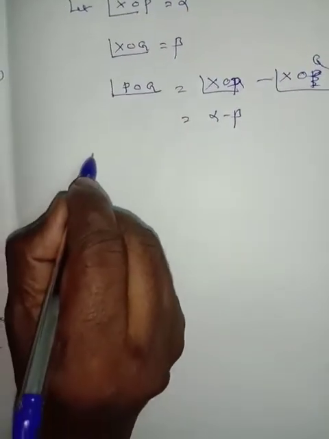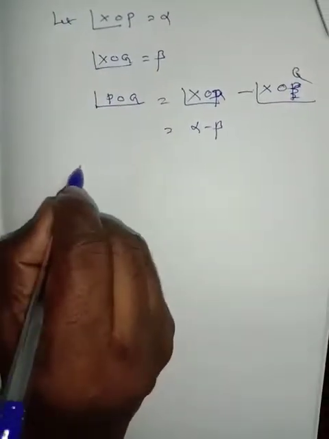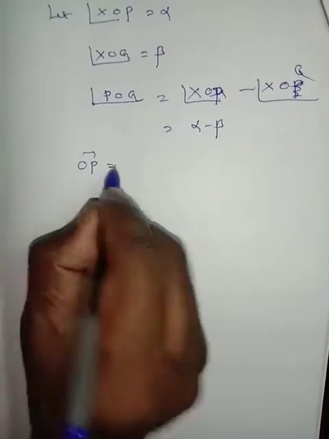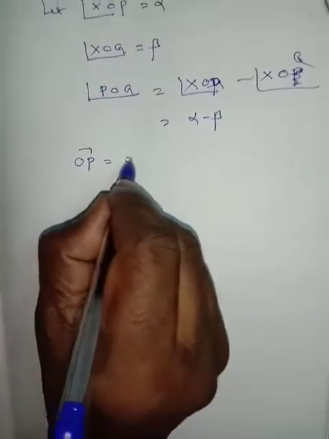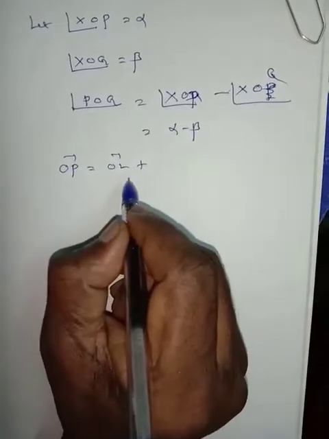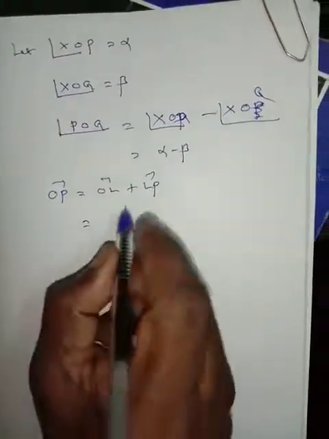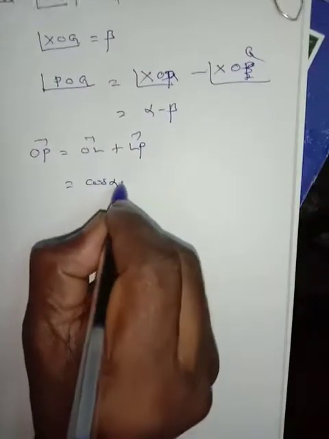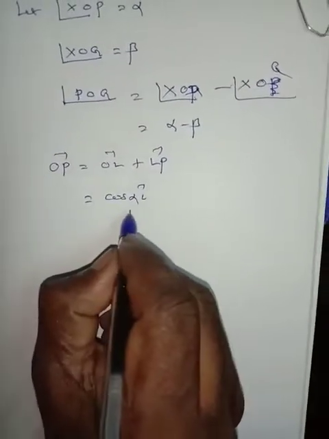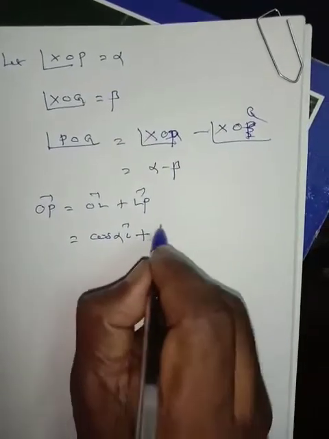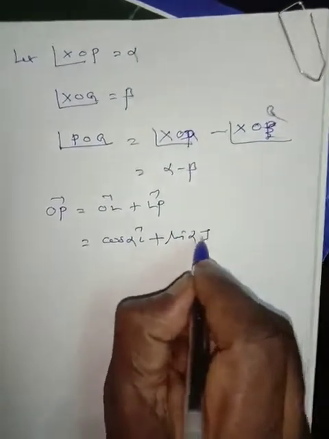Now in this case OP vector, from the diagram, OP vector is equal to OL vector plus LP vector. OL vector is cos alpha i vector, subtended angle is alpha, therefore cos alpha i vector plus sin alpha j vector.